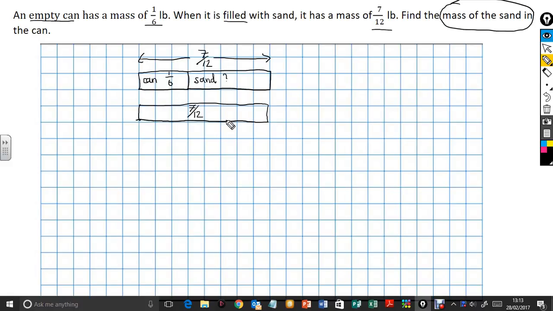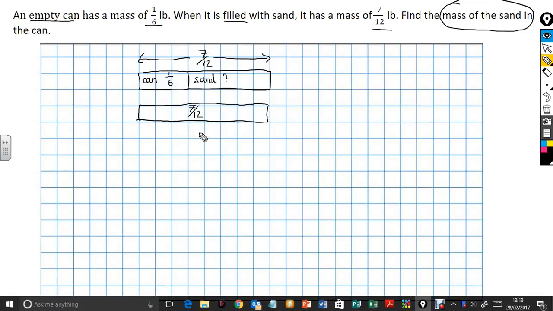Hopefully you can see that if I know what this is and I know what this one is, if I subtract this amount from this total amount, then I'll be able to work out how much the sand weighs. And that's what you need to do. So we need to subtract 1/6 from 7/12.